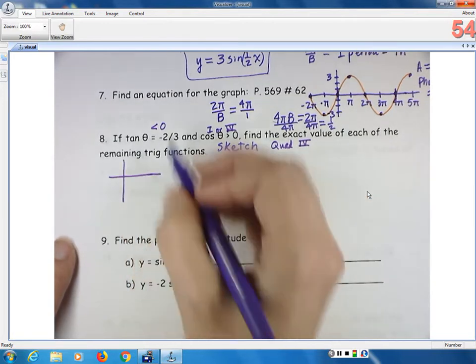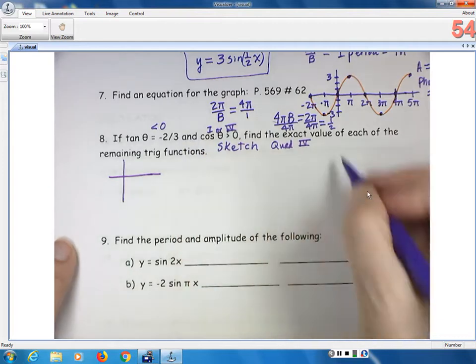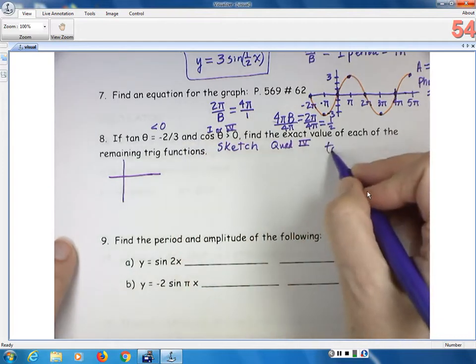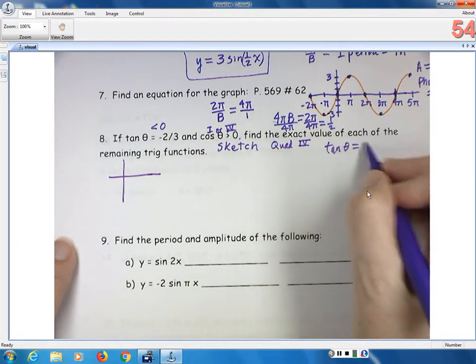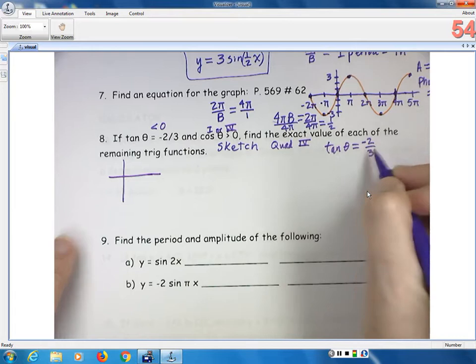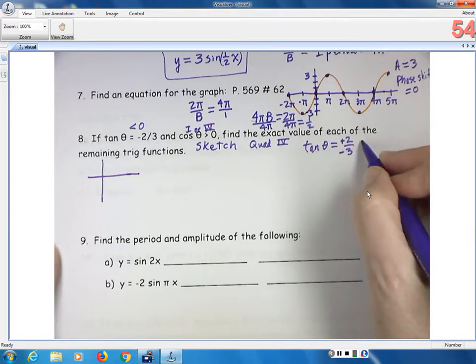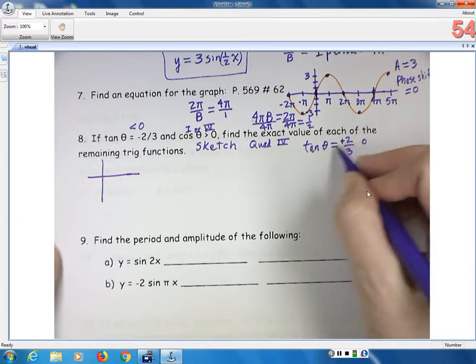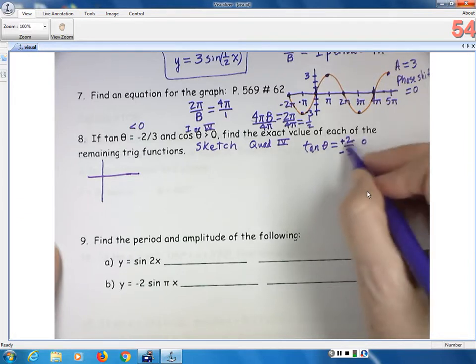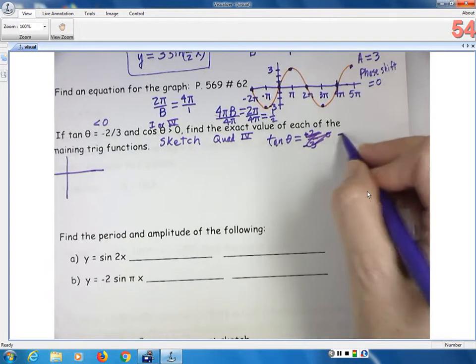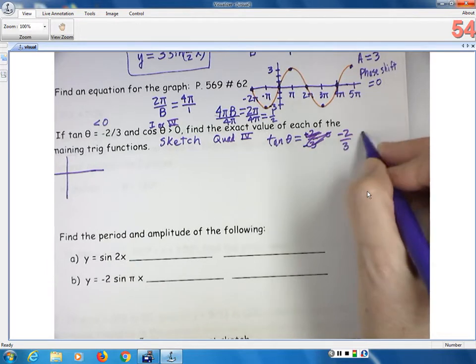Okay, tangent is opposite over adjacent. Let's write that again. Tangent is -2/3, opposite over adjacent.